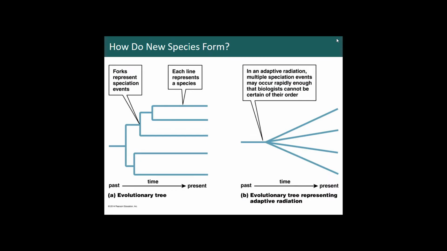Okay, so this diagram tries to help show the difference, what makes adaptive radiation unique and different from regular speciation. If we were just looking at regular speciation, we have our evolutionary tree going from sometime in the past to sometime in the present. So this is evolutionary time on the x-axis. We start with a single species, and that single species branches into these two pathways, right?